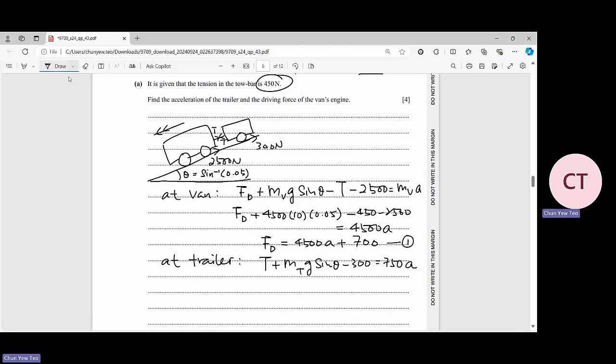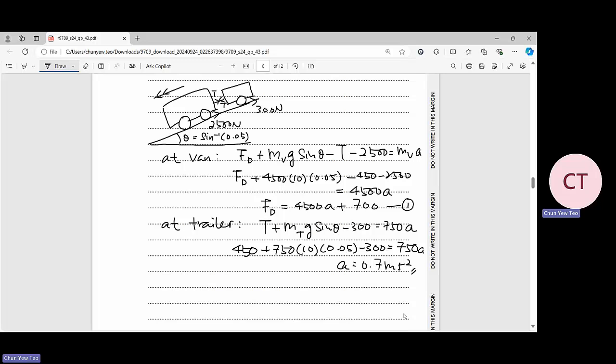The tension for the trailer is given as 450. Your mass is 750, g sine theta 0.05, minus 300. So from here you can find the a. The a will be 0.7 meter per second squared.